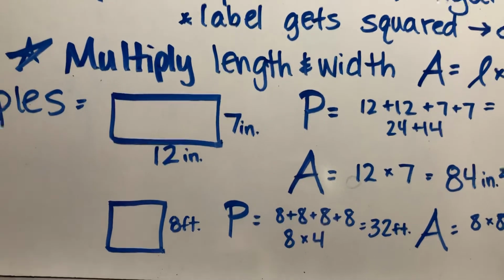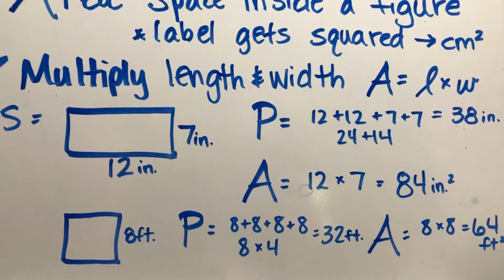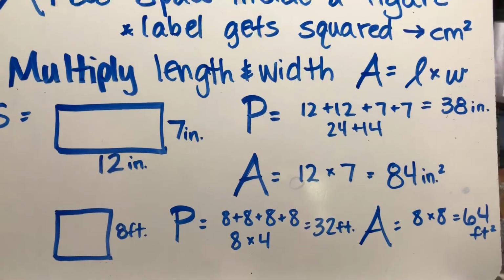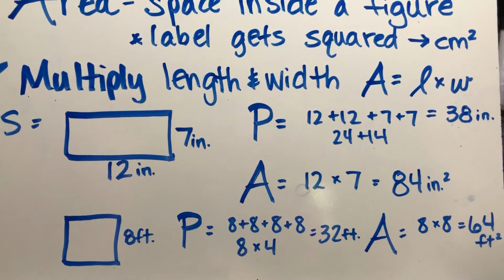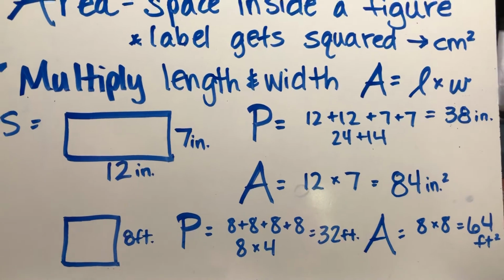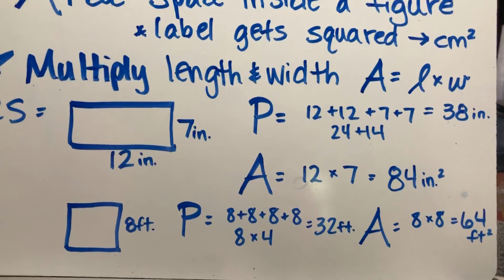And 4 eights is 32 feet. And for area, I have to multiply length times width, or side times side. And 8 times 8 is 64. And then I have to square my label, feet squared. So these are from the Quick Tries on page 429.